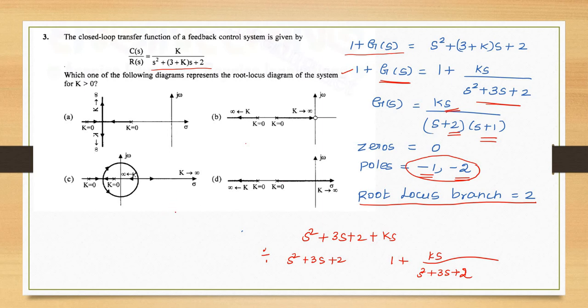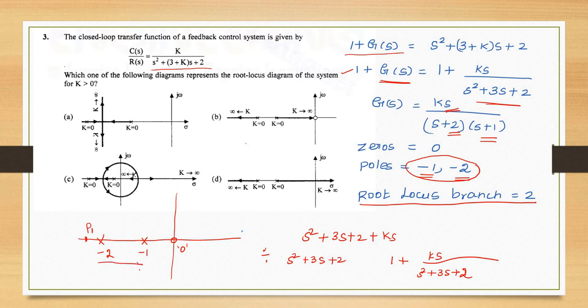Okay, so I have to draw this and mark the poles: here minus 1 and this is minus 2, and 0 is the open loop zero. See here, I consider one point P1.